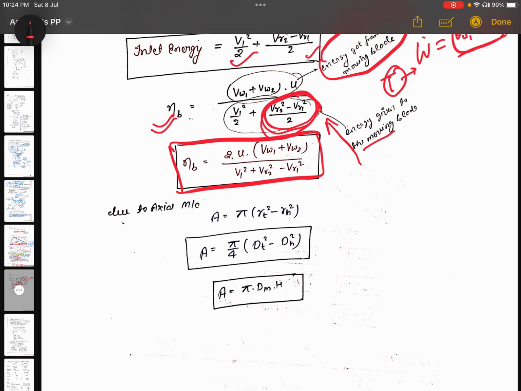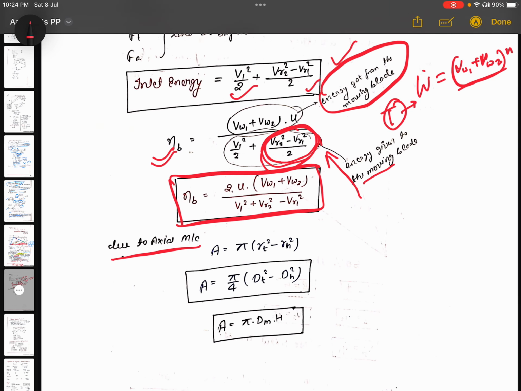In the case of an axial flow machine, this is the radius of the rotor, and this is the radius of the hub. In an axial flow turbine it is somewhat like this.